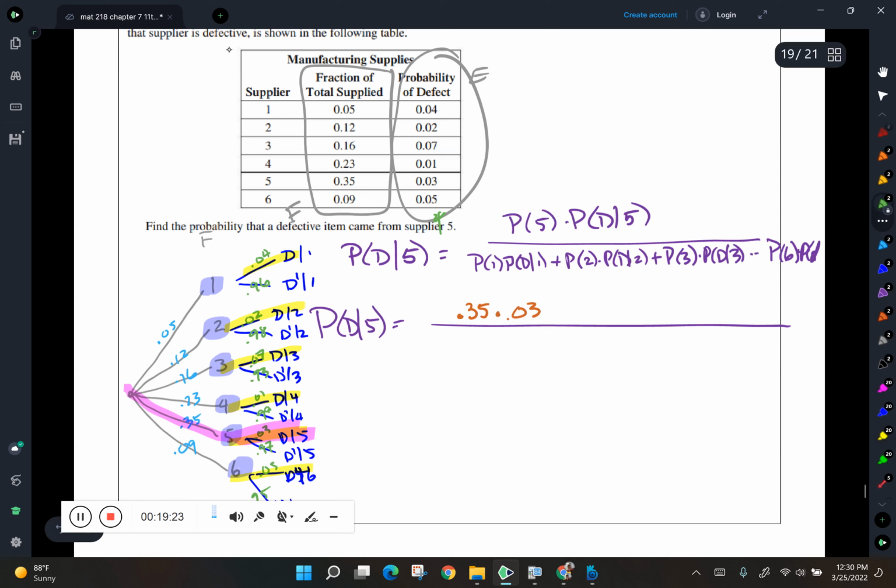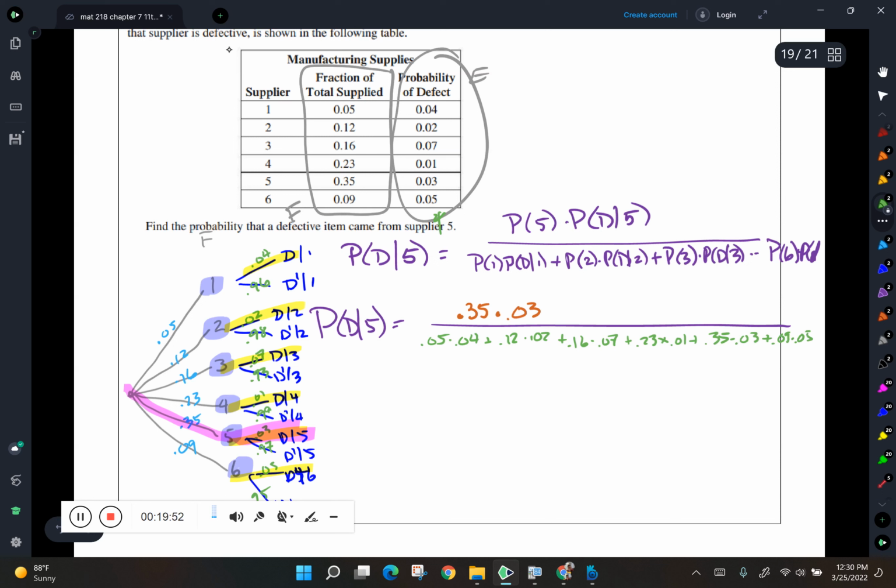And so it's going to be 0.05 times 0.04 plus 0.12 times 0.02 plus 0.16 times 0.07 plus 0.23 times 0.01 plus 0.35 times 0.03 plus 0.09 times 0.05.